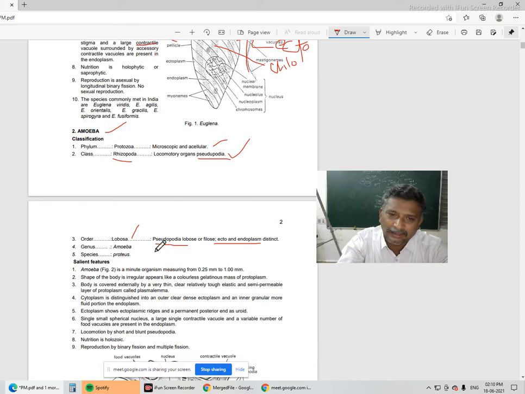Hence the order is Lobosa. The genus is Amoeba and the species is proteus.